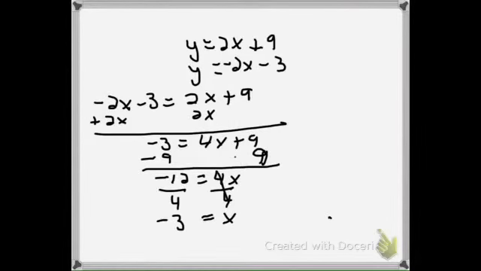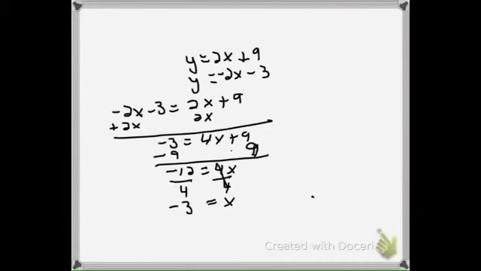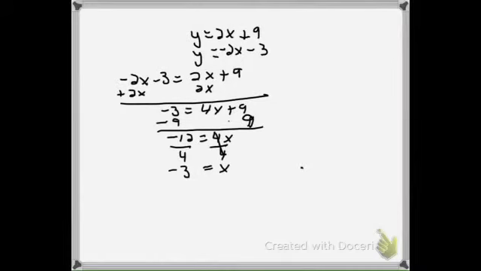I'm not done yet, I have to solve for y, so I'm going to shrink everything for a second. A little bit more room here. And so I'm going to put this negative 3, and again, this is all about substitution, back into either of the equations, but I'm going to use this one to solve for y. So I'm going to go y equals 2 times negative 3 plus 9.